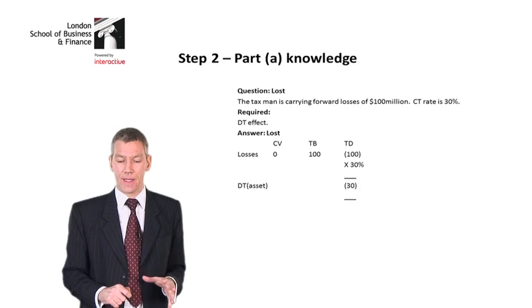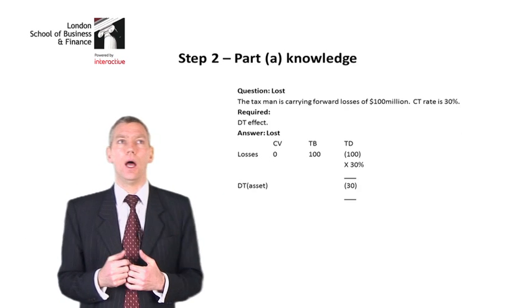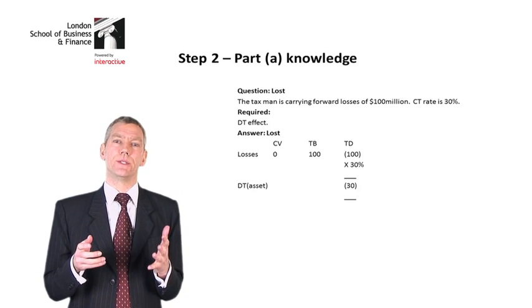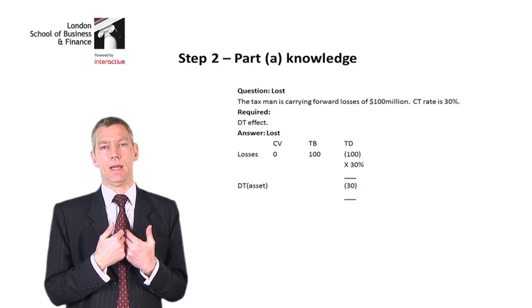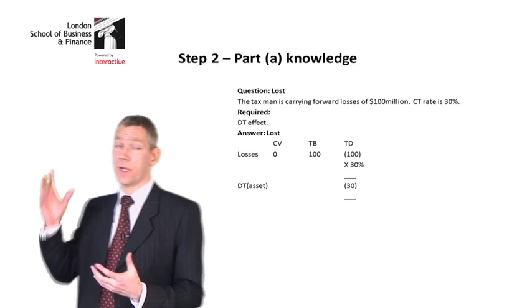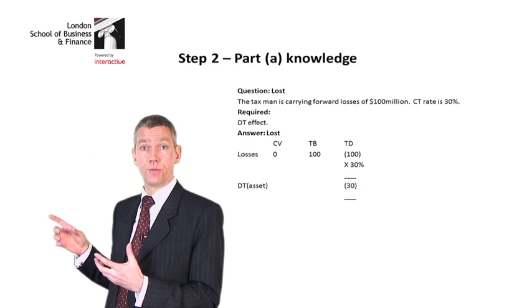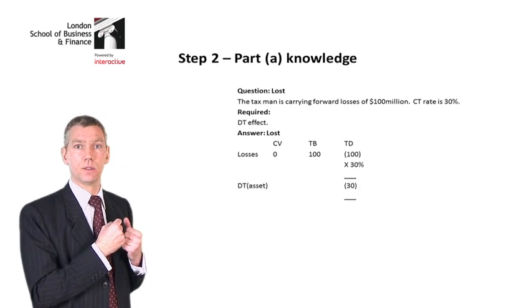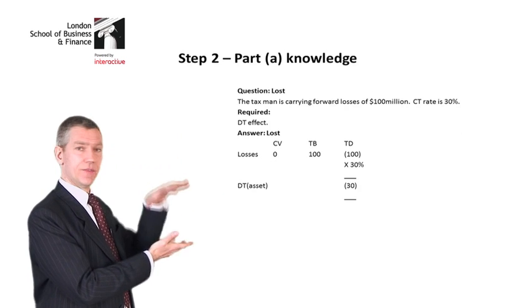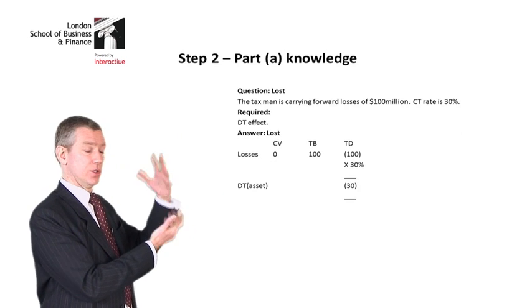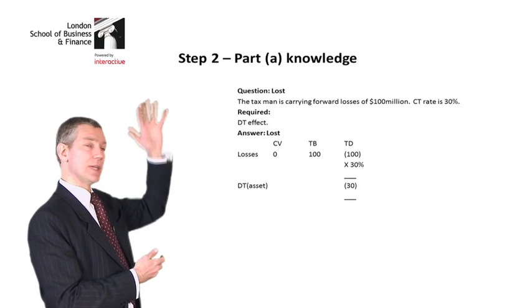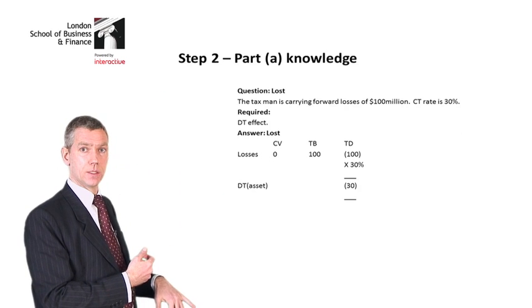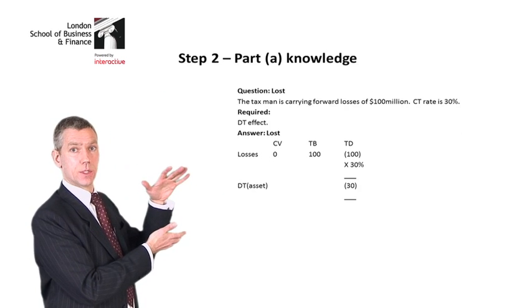Well, that's the mathematics. What about the detail? Well, what happens as a financial accountant when you make losses? Well, you actually make your losses on the income statement, don't you? So those losses are made on the income statement, then they just get lost into equity. They're not assets, they're not liabilities, they're just lost in equity.